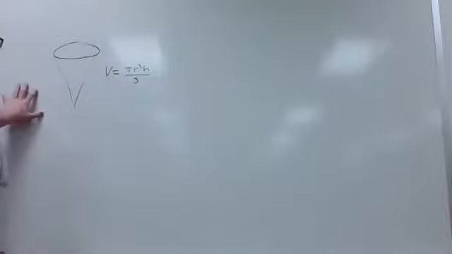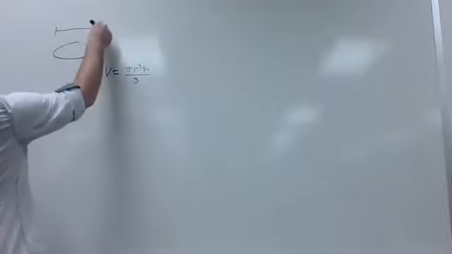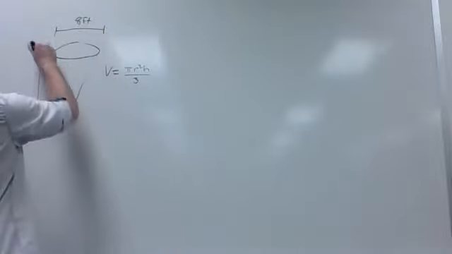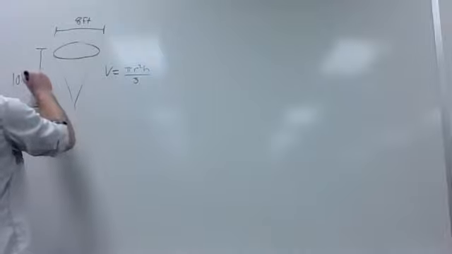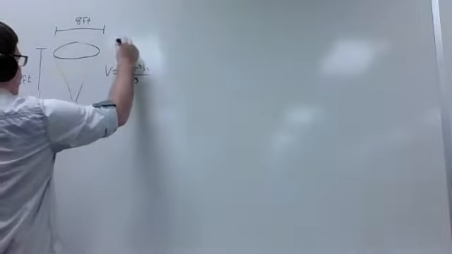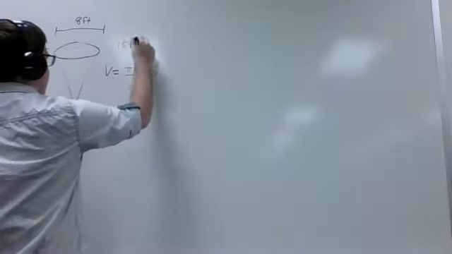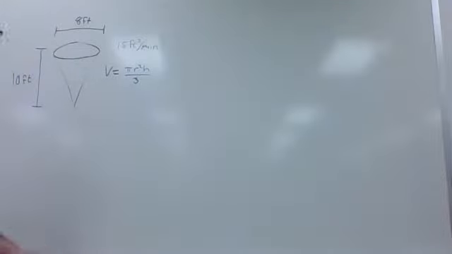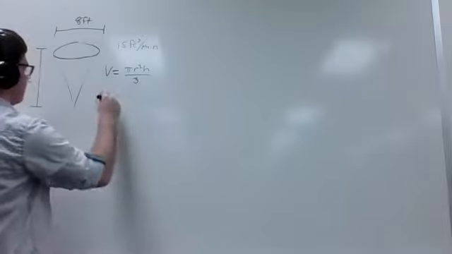And let's say this cone is 10 feet tall and it's 8 feet across. And let's say we got water pouring at 15 feet cubed a minute. And so how fast is the water rising when h is equal to 4?